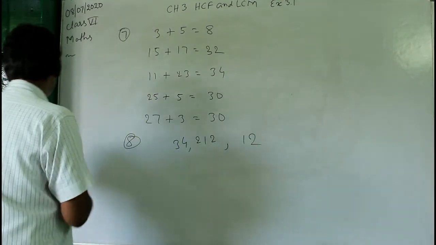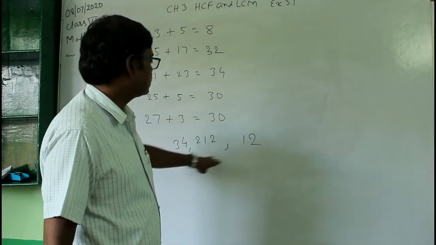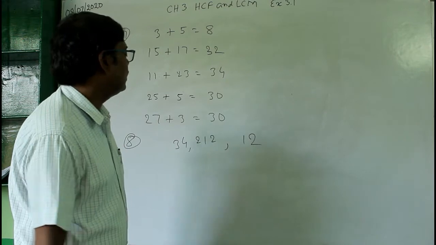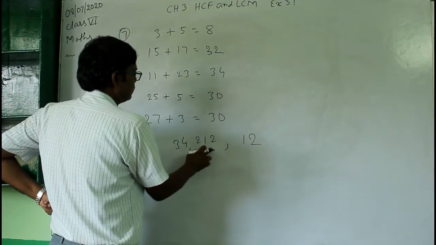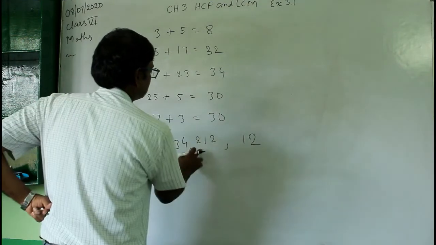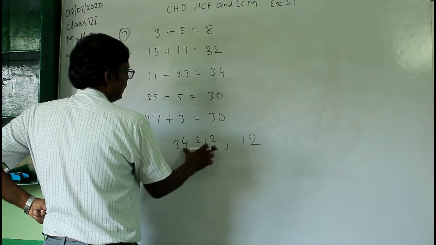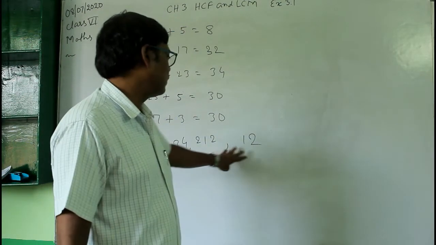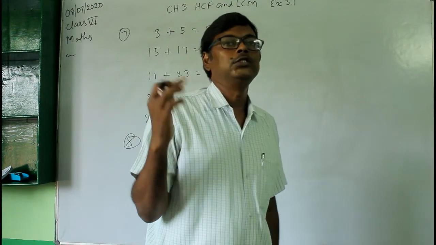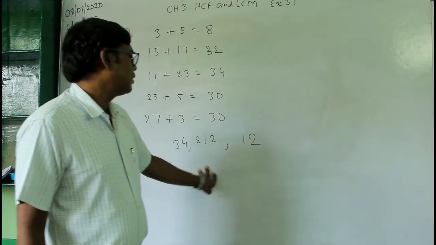Okay, so how will you find? You will divide this number by 12. If this is a multiple of 12, then 12 must divide this number exactly. Means when you divide this number by 12 and you get the remainder 0, then this number must be a multiple of 12.